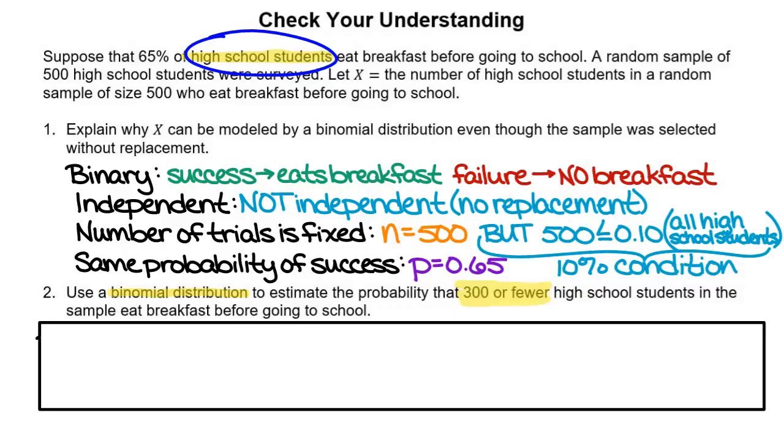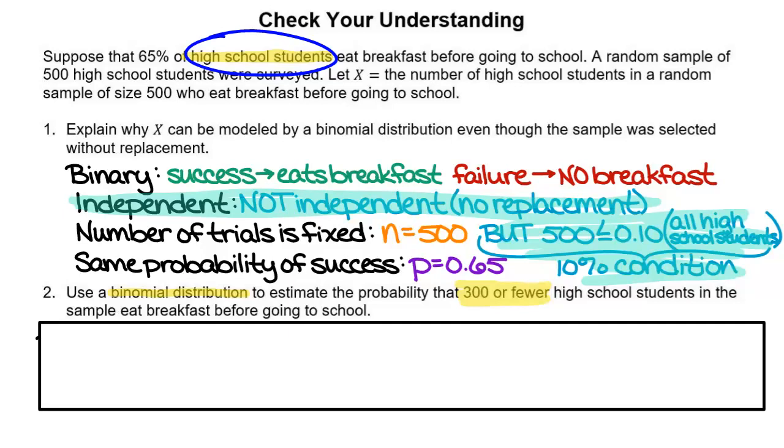So this right here is why we can go ahead and use a binomial distribution. It met all the other criteria, and then we met our 10% condition, which gave us independence, or approximate independence.